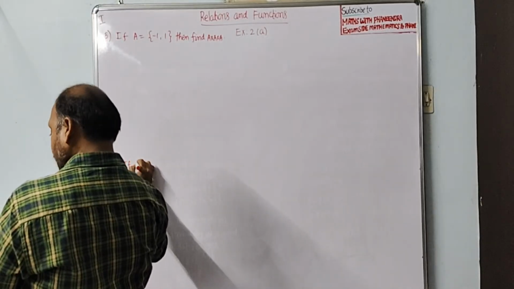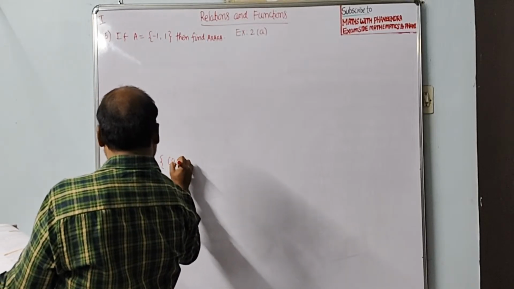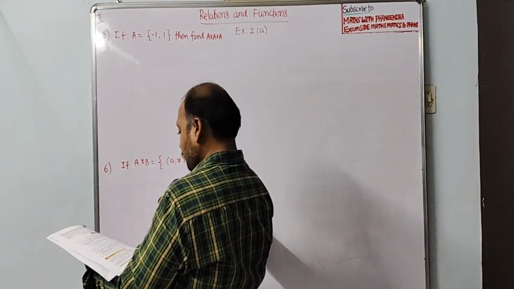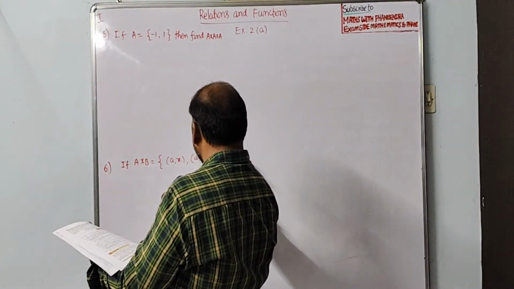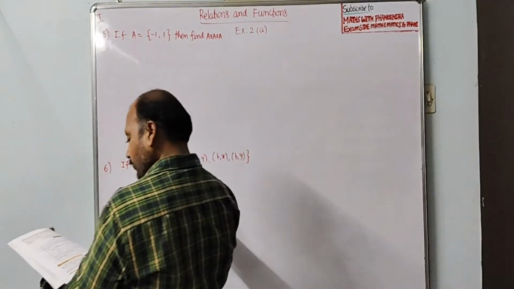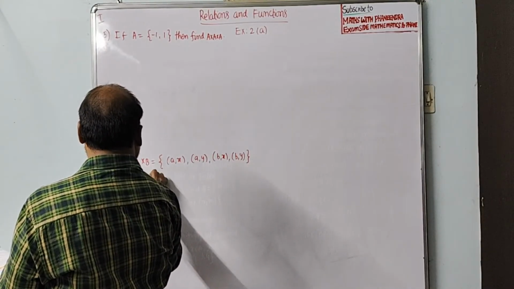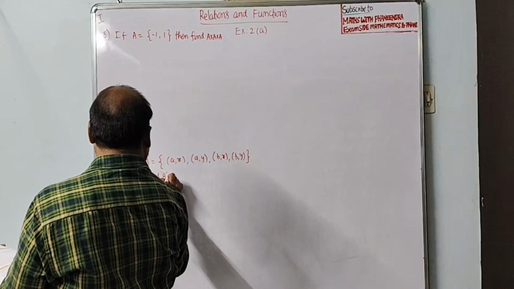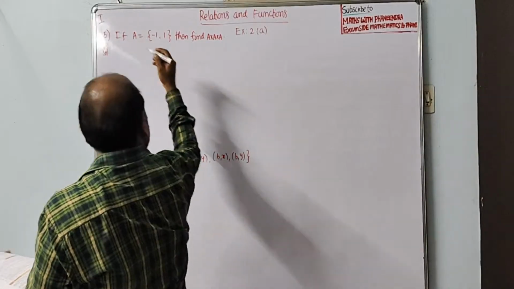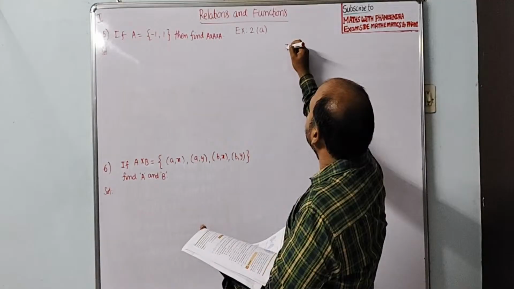If A cross B is equal to {(a, x), (a, y), (b, x), (b, y)}, find A and B. Next, question number 7.